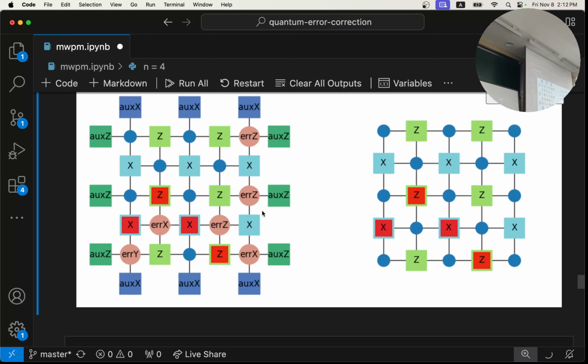Among the 4, there is either 1 X error or 3 X errors, which changes the eigenvalue of the state from 1 to -1.